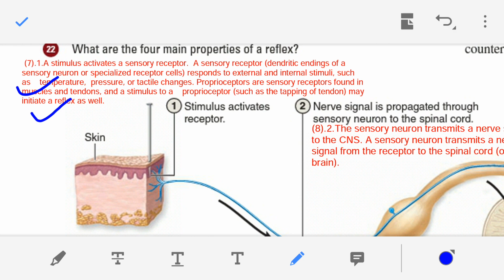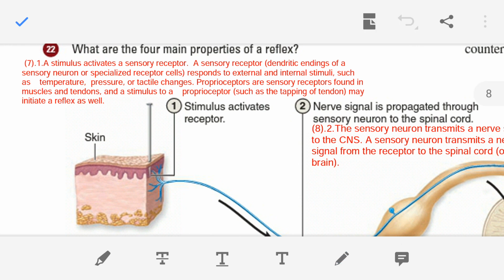So someone taps our tendon or muscle, that time also the reflex action begins.